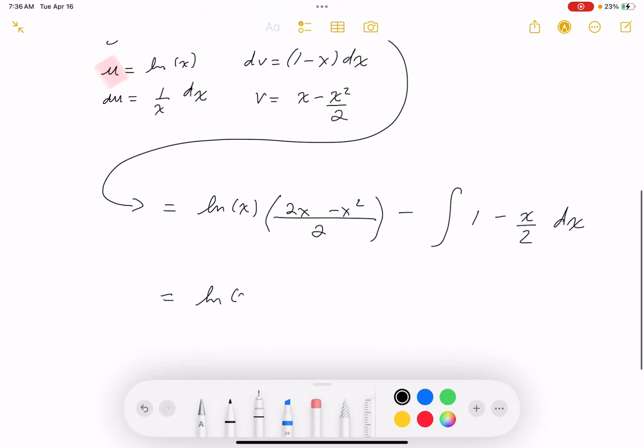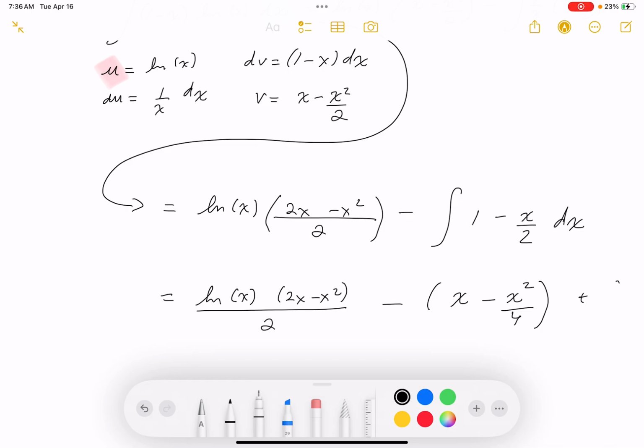And what do you get there? Let's see, natural log of x. Let me just simplify a little bit. 2 here, and then I get 2x minus x squared. All right? Minus, well, this doesn't look that bad. It's going to be x, the integral of 1 is x, minus x squared over 4. And again, there's a constant of integration, but I'm not too worried about that.